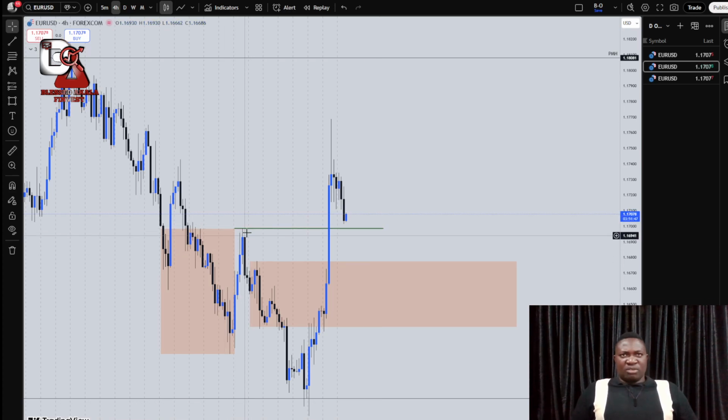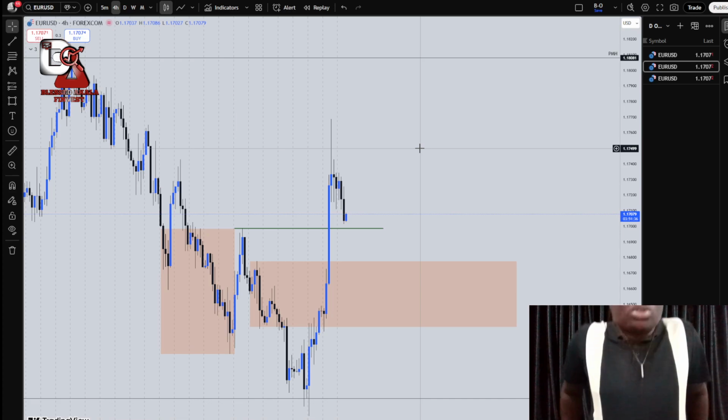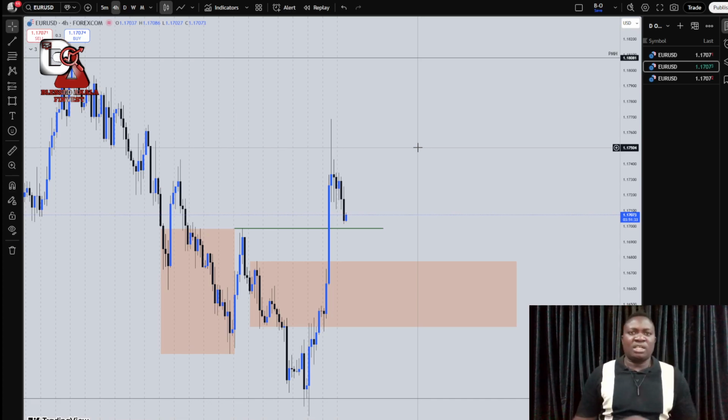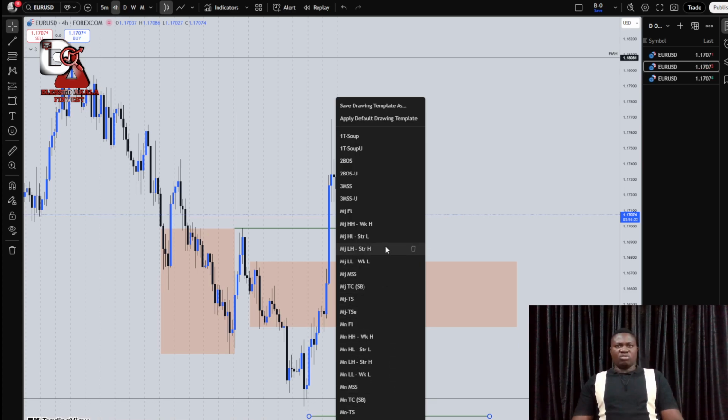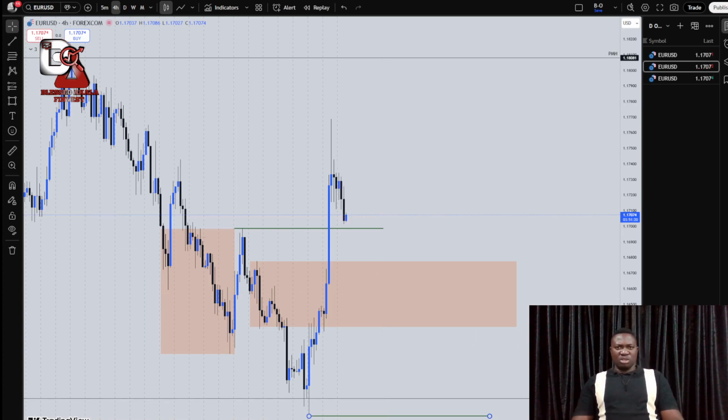If we don't have reaction from within this level here, then we can be anticipating some reaction from within this particular level that we have here. So that's going to be our trade. And if we're going to be establishing any range with what we are having here, this will be our strong low, major strong low, and here will be our weak high, as you can see.